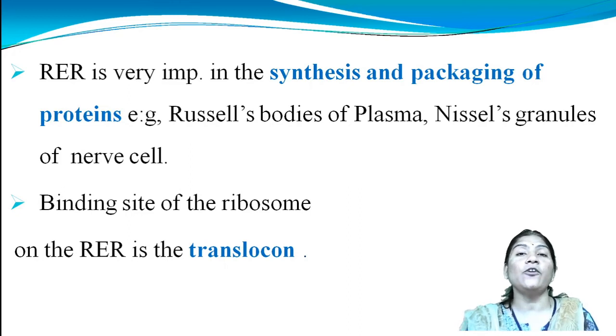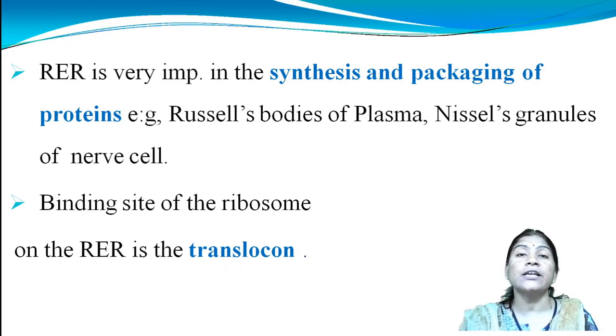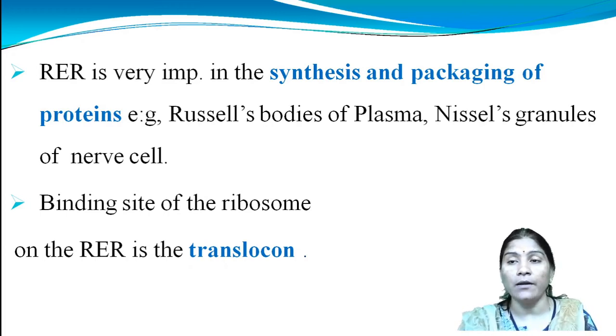Next, rough endoplasmic reticulum also plays an important role in the synthesis and packaging of some proteins, for example, Russell's bodies of plasma cells and Nissl's granules of nerve cells.